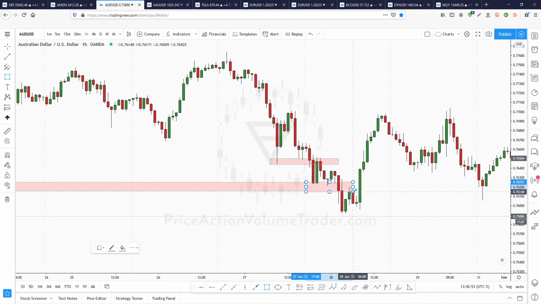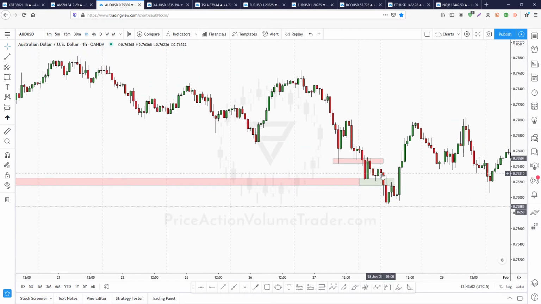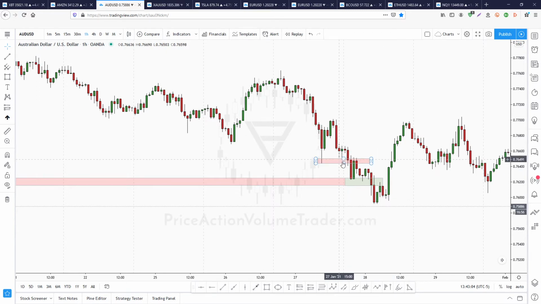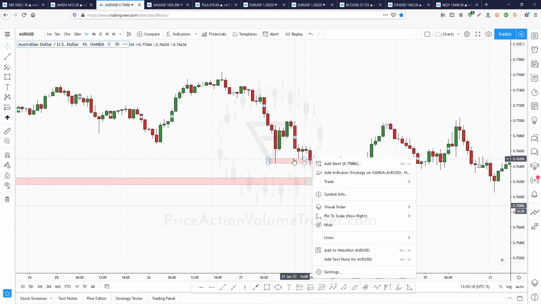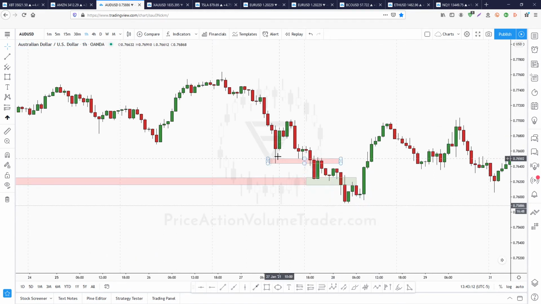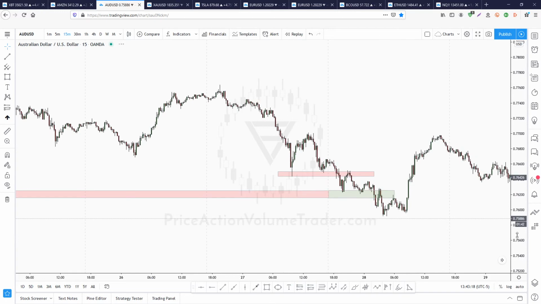This would now become an area of interest for us to buy. However, we had a bounce, but right over here, we had the same thing, but in reverse on a smaller scale. We now had a previous resistance level, and we can go down, let's say, into the 15 minutes so you can see in more detail.